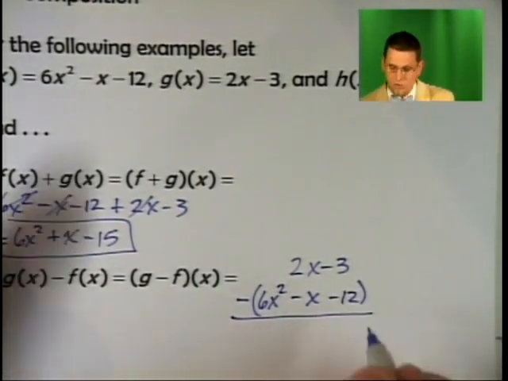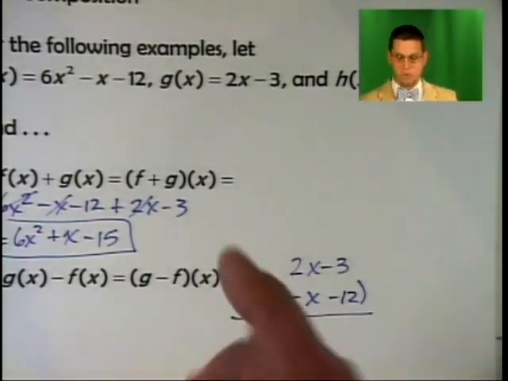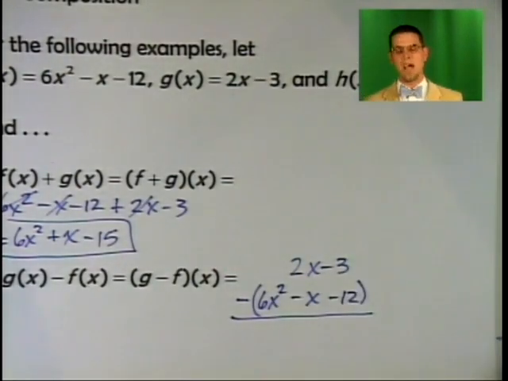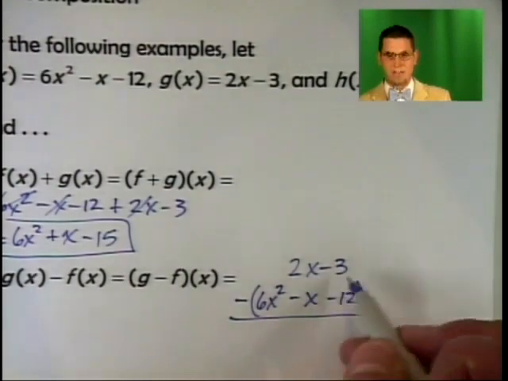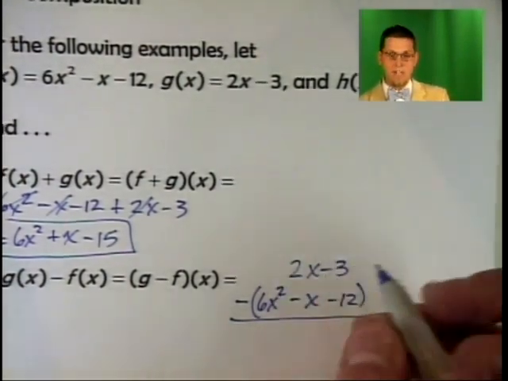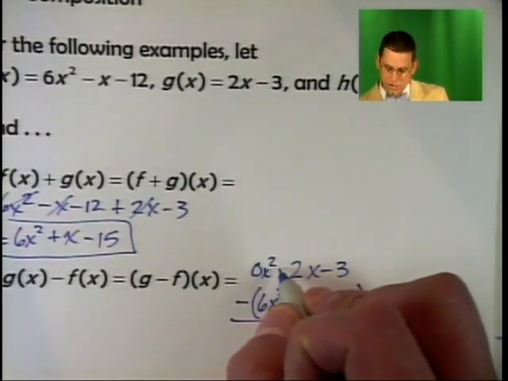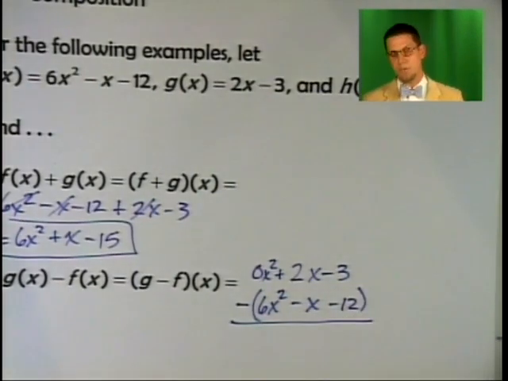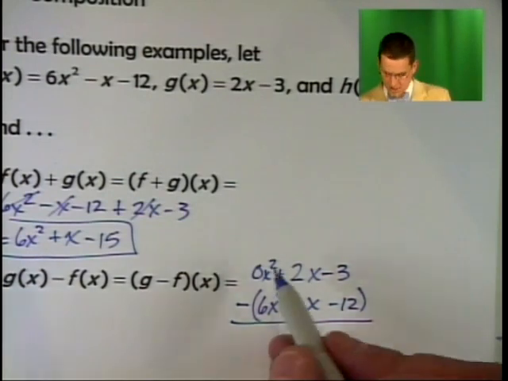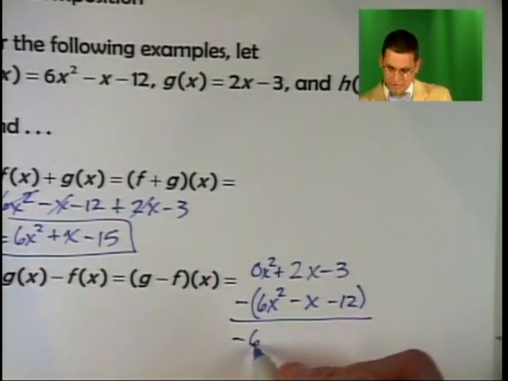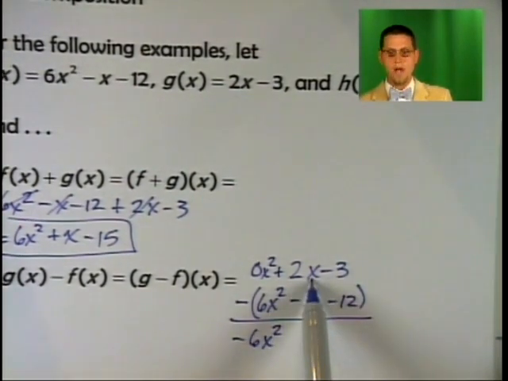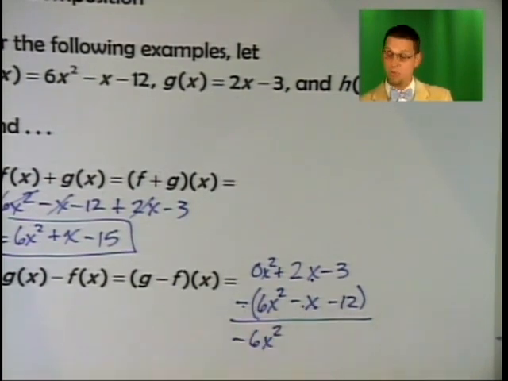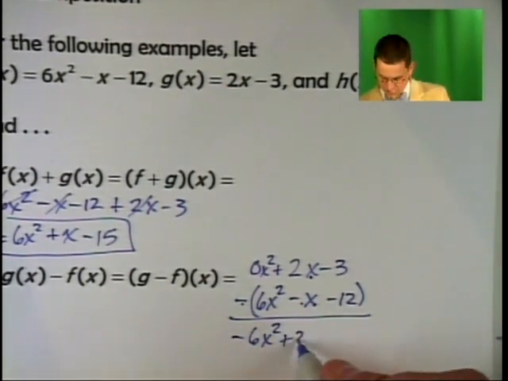Now when you subtract or add vertically, what you want to do is line up your like terms in columns vertically. Okay, so I have my x's and my constants, and I don't have anything up here, so if you want to put a 0x squared as a placeholder in the top, that's fine. Now we subtract top minus bottom, like terms. 0 minus 6 is negative 6x squared. 2x minus negative x is really 2x plus x, which is plus 3x.